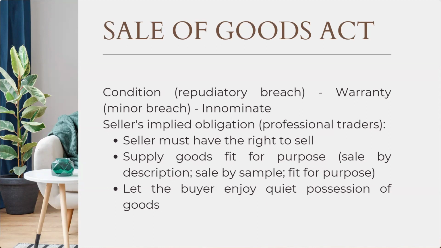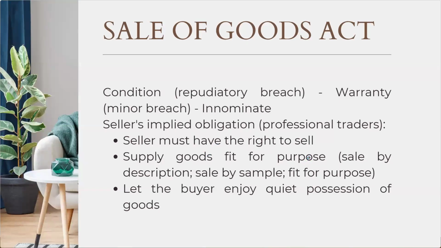They also set out certain obligations for the seller and the buyer. The seller here must be a professional trader. There are a few implied obligations, like the seller must have the right to sell. The goods must be fit for purpose. We could have different types of fit for purpose, like sale by description, sale by sample, or satisfactory quality.